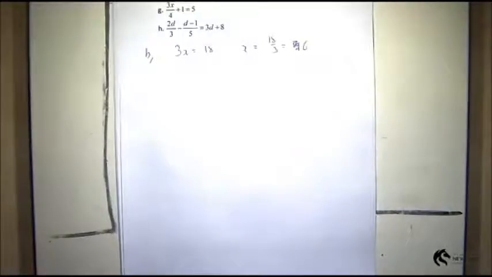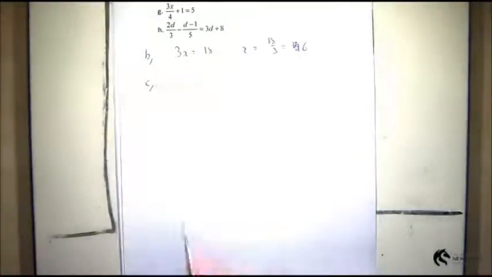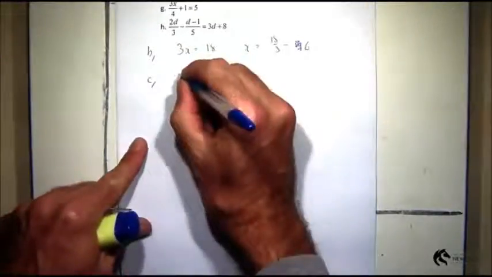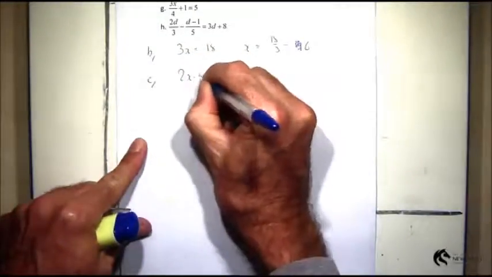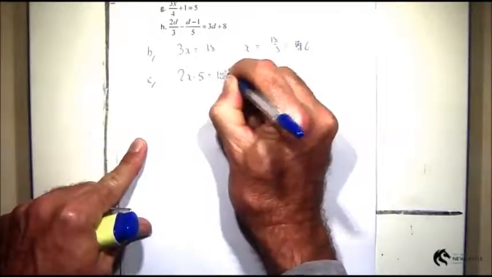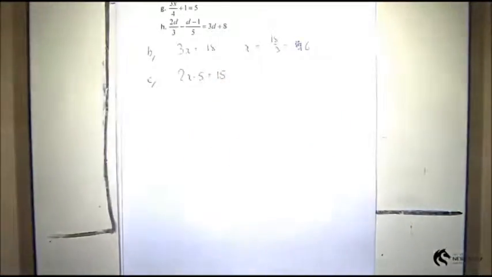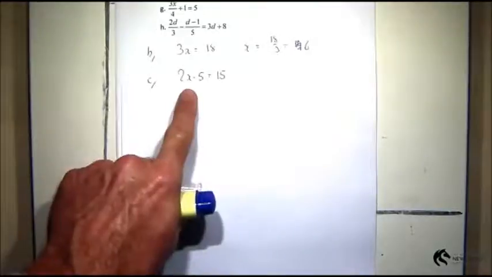So all I did was make x the subject. Let's do C. It says 2x minus 5 is equal to 15. I'm going to make x the subject.